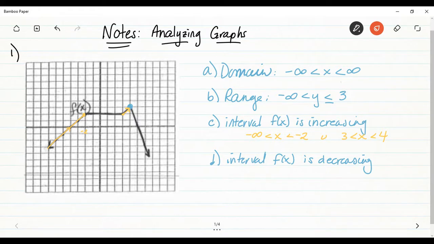Then we went up again, and then after this point, from 4 on, we're actually going in a downward motion, so that is our decreasing interval. So from 4 to infinity, we are decreasing.